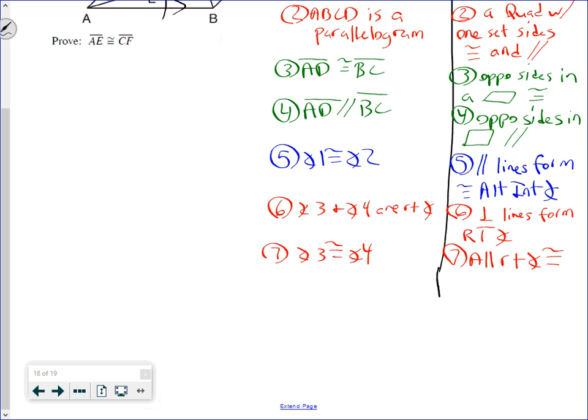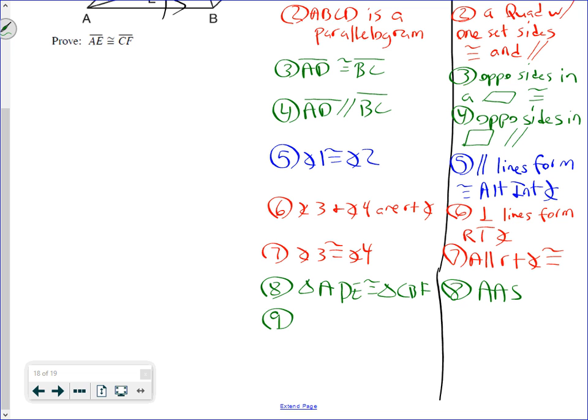So step 8 is going to be triangle ADE is congruent to triangle CBF, angle, angle, side. And then we can grab our last piece, our proof statement, which is AE is congruent to CF, CPCTC. And now we've got ourselves a completed proof.